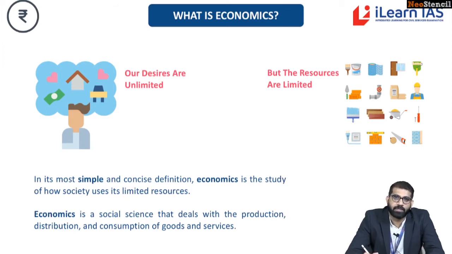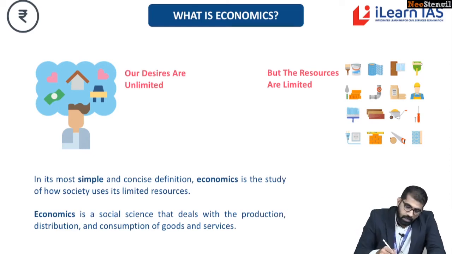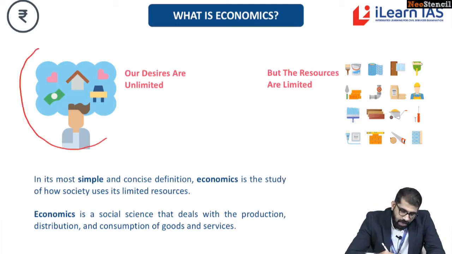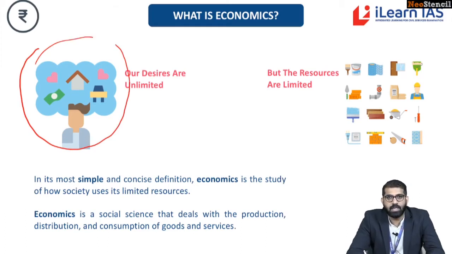Now what is economics? The basic idea of economics is, I have given you two important pictures here, right? Here our desires are unlimited. That means our needs or wants are actually unlimited. First we want a normal smartphone, then a better performing smartphone.